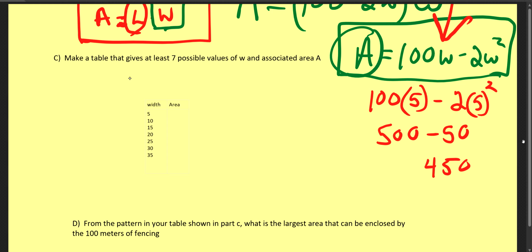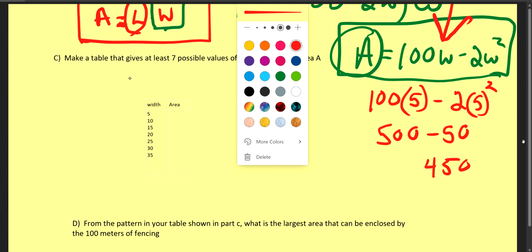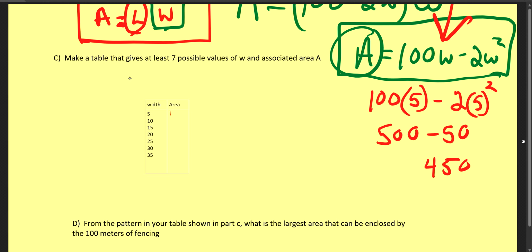Let's see if that matches up. 450. Now I'll write that in. Okay, 10 would be 800.